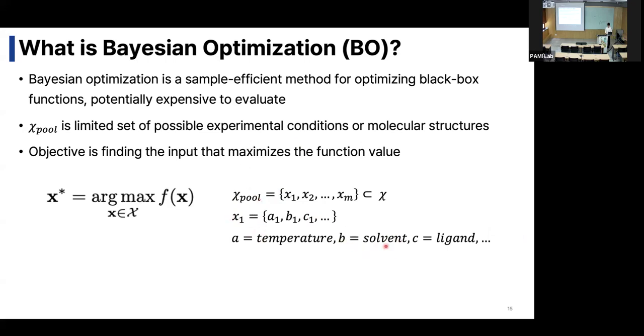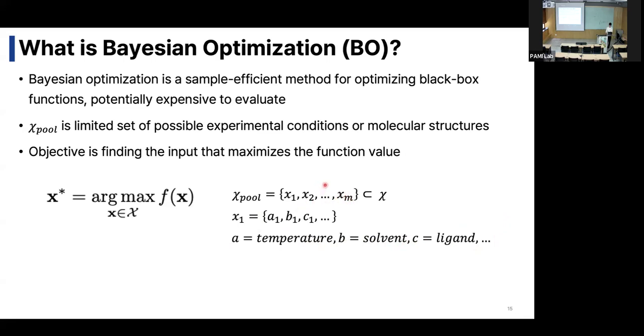The solvent is chosen from 3 different solvents, and the ligand has 5 different types. That gives us a total of 11 times 3 times 5 equals 165 possible combinations. So in this case, M equals 165.